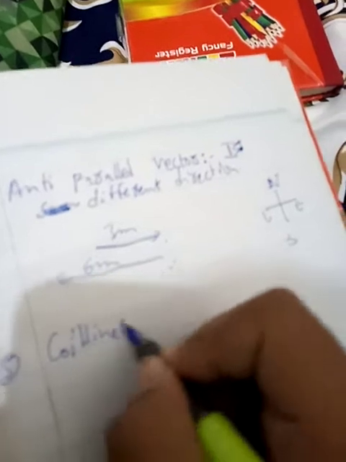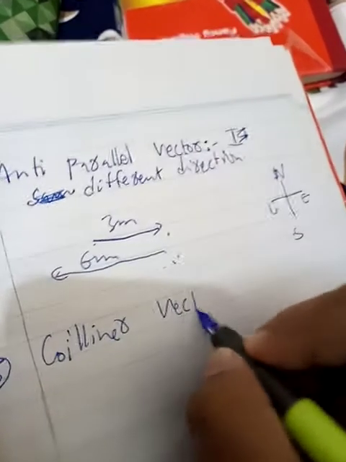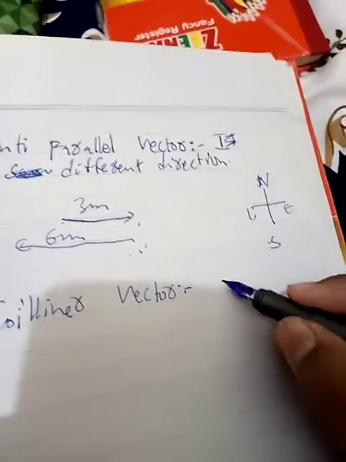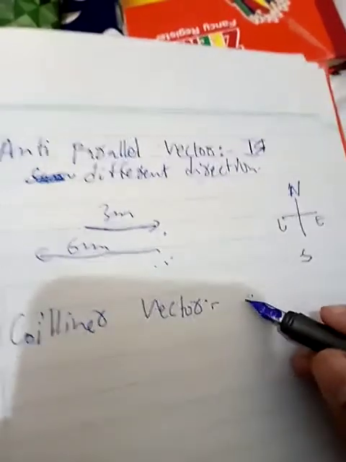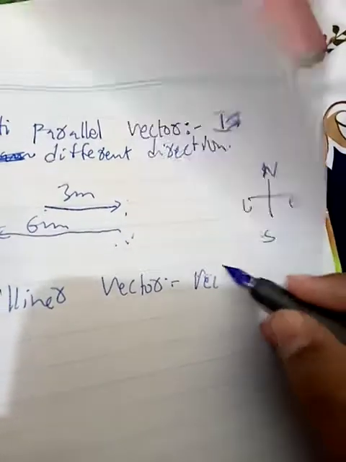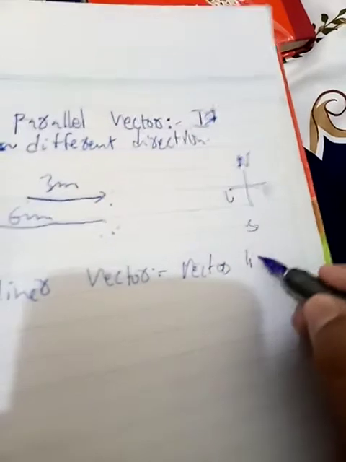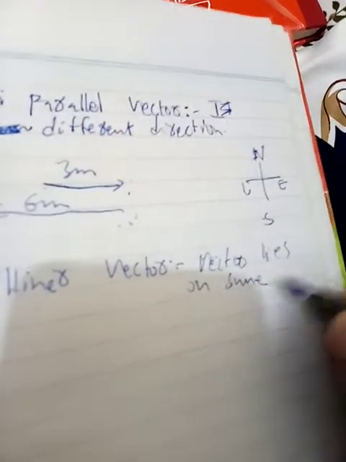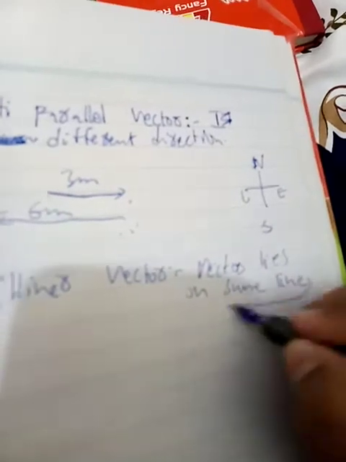Collinear vector. All the vectors which lie on the same line are called collinear vectors.